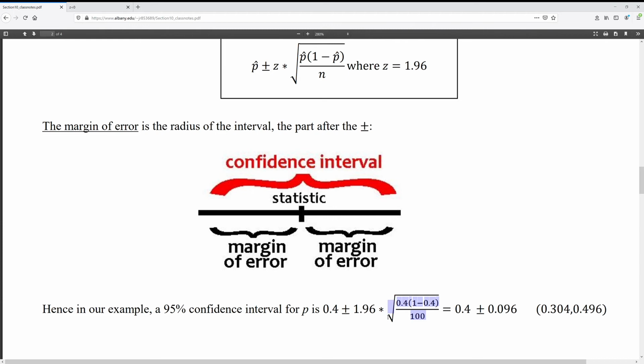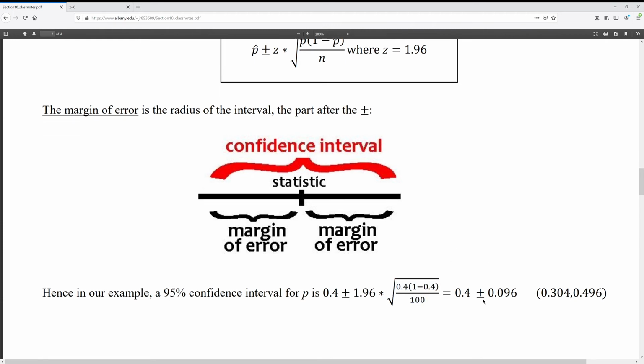Call it 0.049. Then I'll multiply it by the 1.96. That's what you don't want to forget. And now what I'm getting is 0.09601999979. Well, bottom line, 0.096.